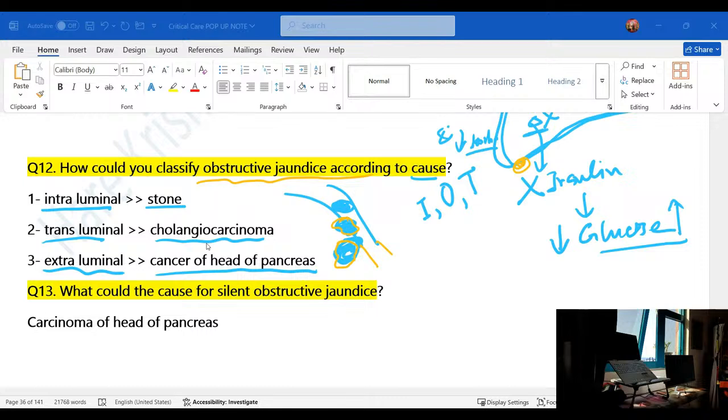Intraluminal because of a stone, transluminal such as cholangiocarcinoma, and extraluminal such as cancer in the head of the pancreas.